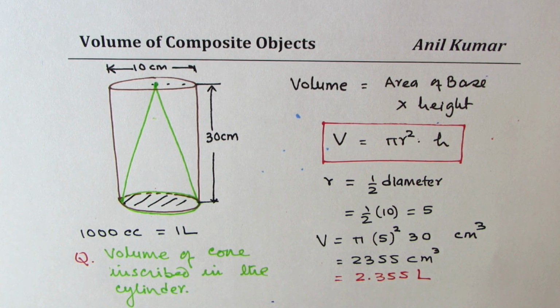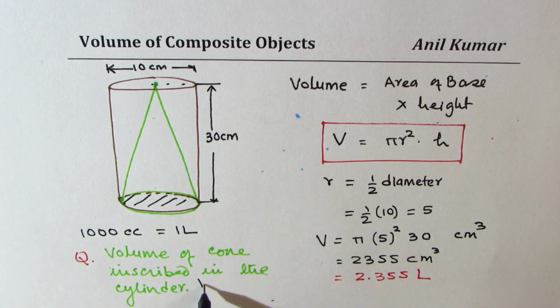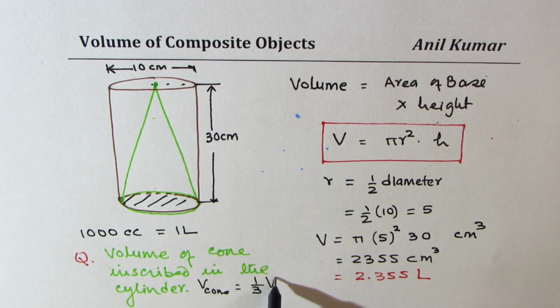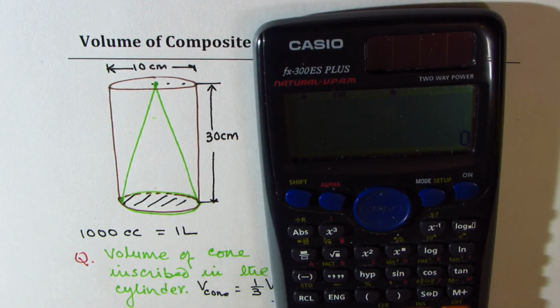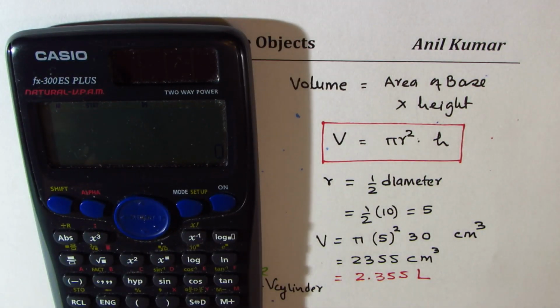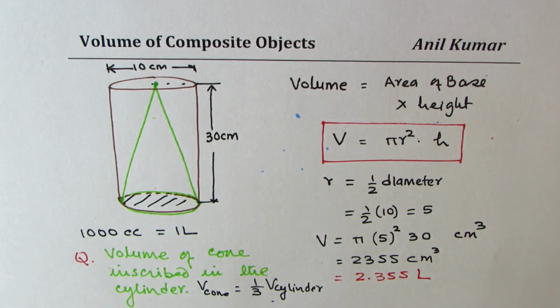The answer is what? Volume of cone is 1/3 the volume of cylinder, right? So just do 1/3 of this value. You'll get the volume of cone, correct? So the answer will be, you can divide 2355 by 3 to get the answer 785.